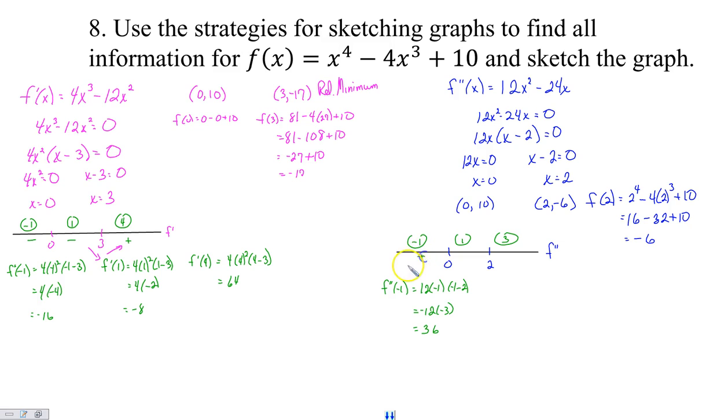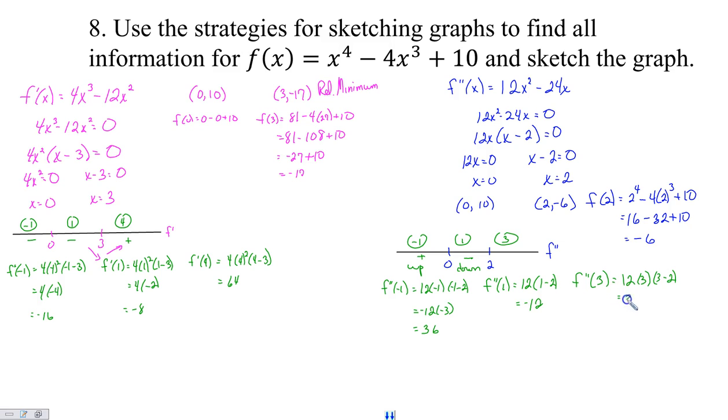So my function is concave up on this first interval. The second derivative evaluated at 1 is going to be 12 times 1 minus 2. So that's going to give me a negative 12. The function is concave down on that second interval. And then finally, the second derivative evaluated at 3 is going to be 12 times 3 times 3 minus 2.